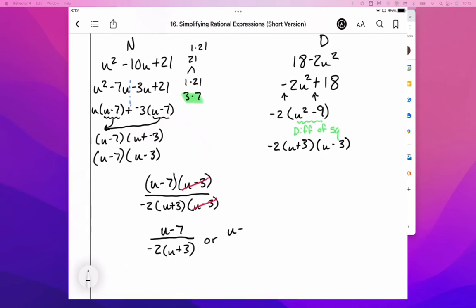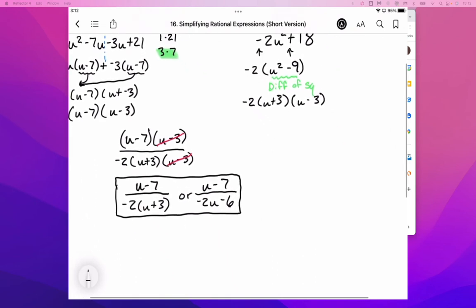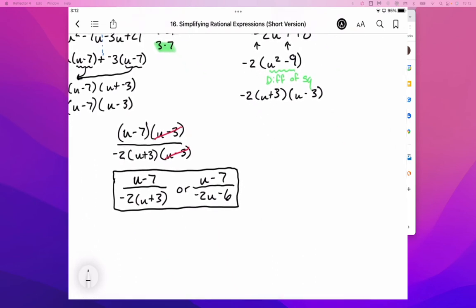Alex may prefer that you multiply that denominator out or simplify the denominator. If you did that, you would get negative 2u minus 6. And so, again, for me, either one of those is an acceptable answer. Now we need to figure out what our value for u cannot be. So the denominator can't be 0.